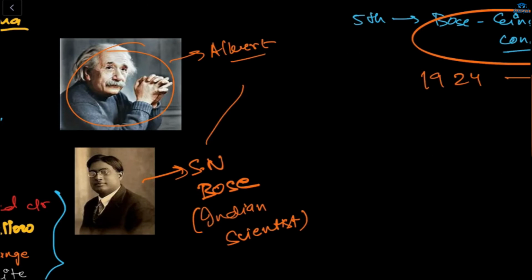He wrote a letter, and there was what? Research of statistics. Research of statistics means when a gas of bosons at low density is cooled to a temperature of around minus 273.15 degrees Celsius, what will happen?